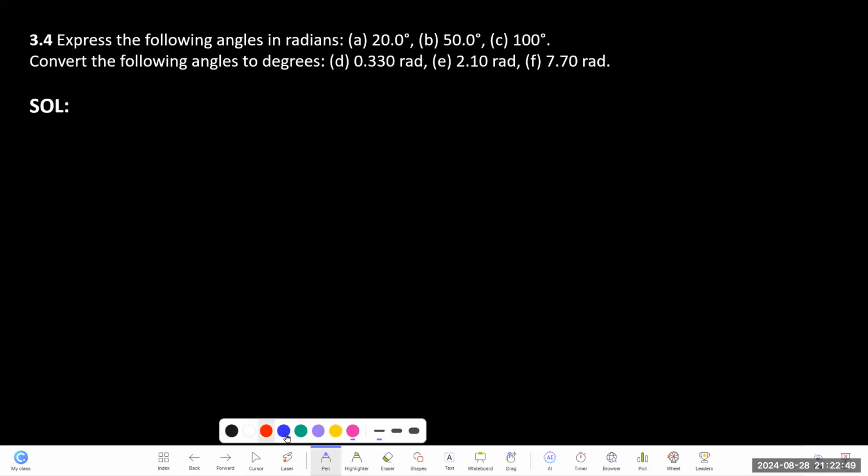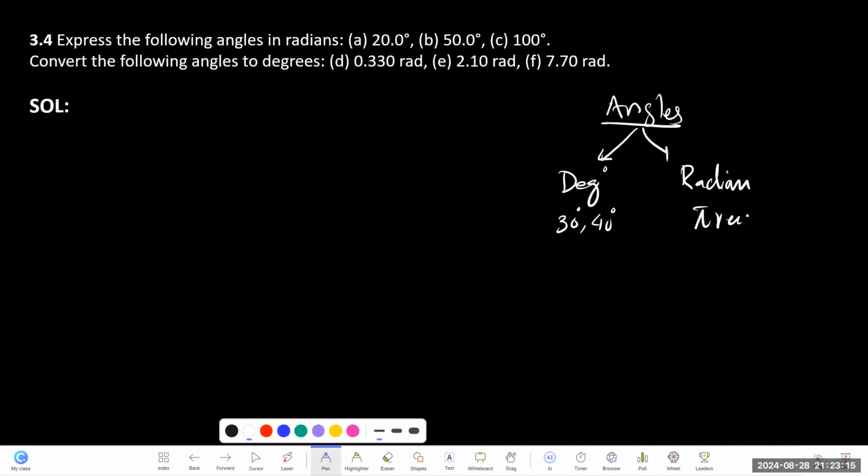In this problem, we need to convert angles into different units. Angles have two units. Angles can be measured in degrees, for example 30 degrees, 40 degrees. Angles can also be measured in radians. Radians do not have any unit, but we say pi radians.